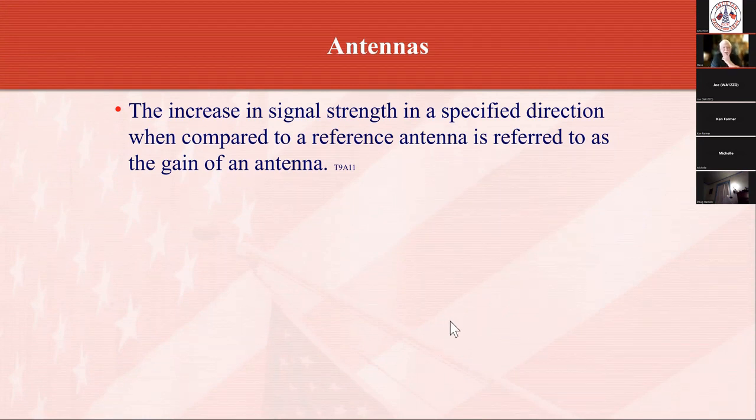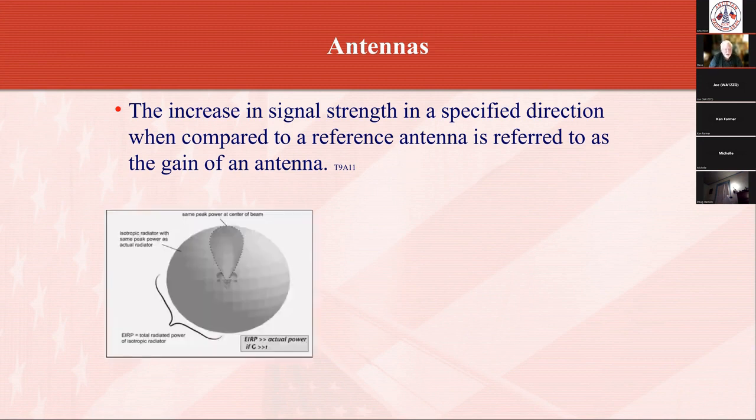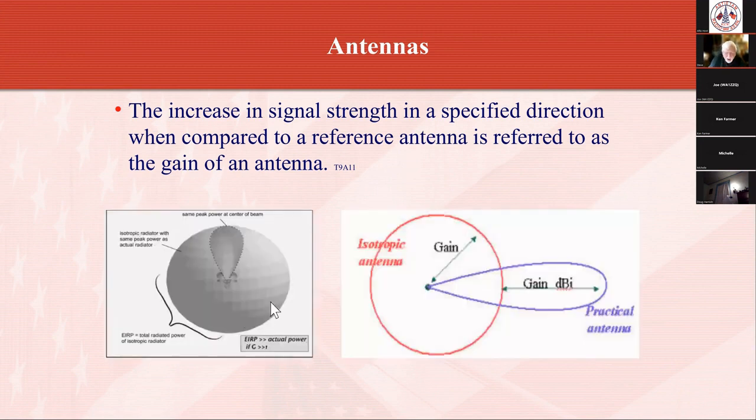Now, we were talking about antenna gain, and that's the increase in signal strength in a particular direction compared to a reference antenna. Always compared to a reference antenna, and that's referred to as antenna gain. See here, an isotropic antenna, that's a 50-cent word that means the same in all directions.